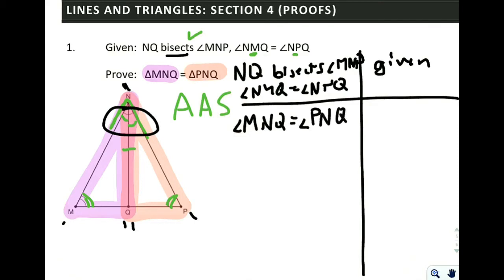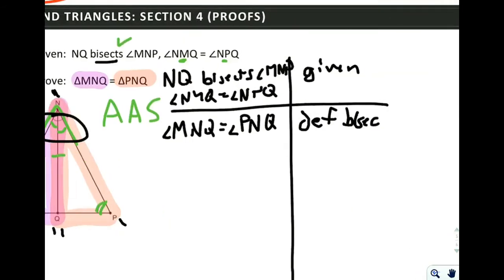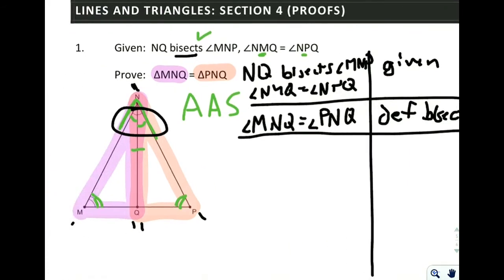And we know that by the definition of what a bisector is. So definition of bisector. So now we have our given angles here. We have the angles that we just found out from the definition of the bisector here.